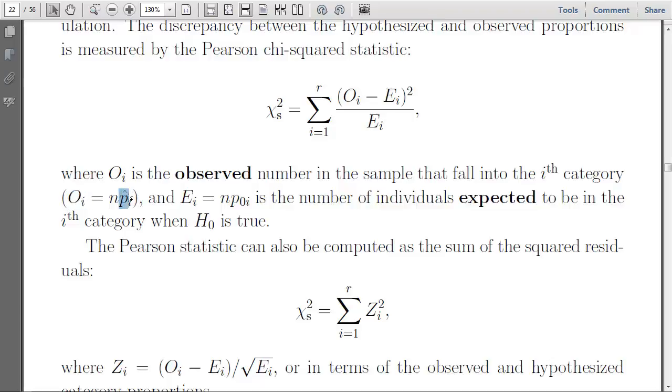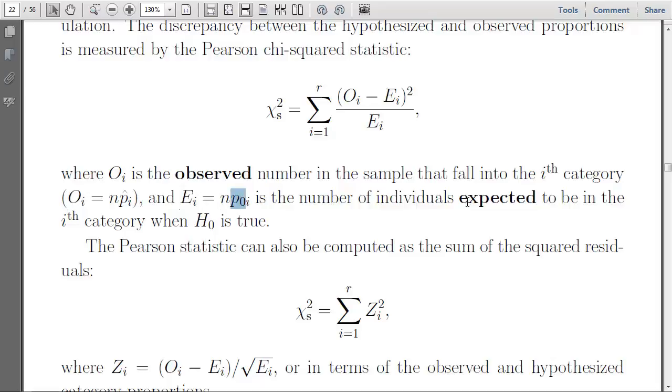That's how you estimate that proportion. So this is just another way of representing the observed frequency: the total sample size times the proportion in the ith category. And then E is the expected frequency.